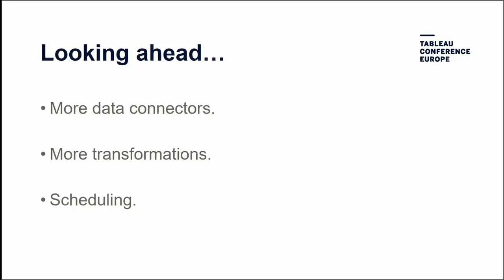The other thing to note is that Prep is on a 30-day release cycle rather than Tableau Desktop's 90-day release cycle. So already we're on Tableau Prep 2018.1.2. One example of a new feature from the first release to the second is a new transformation. You saw me do a simple pivot, taking a few columns and turning them into rows.